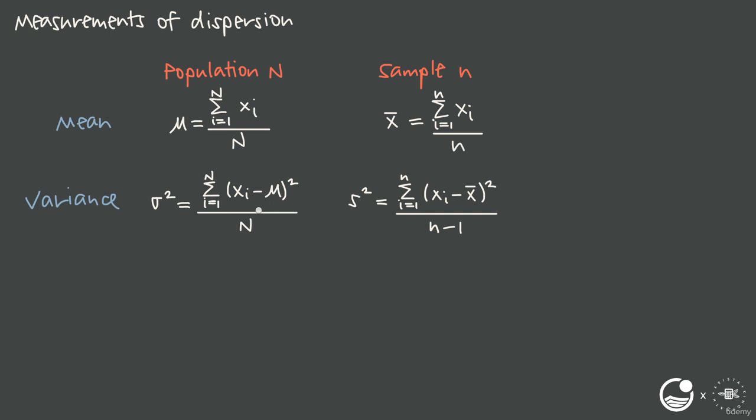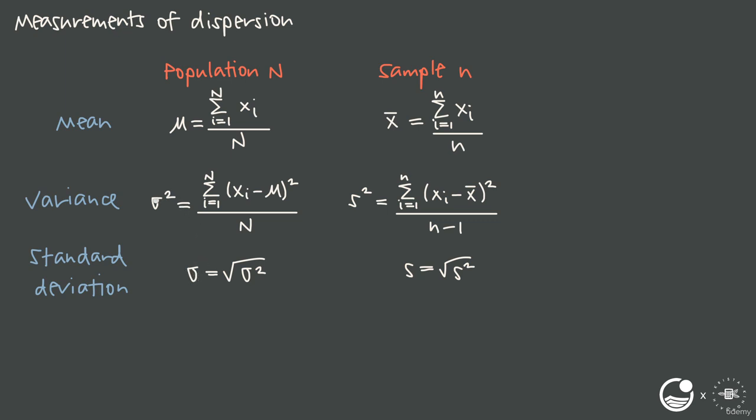And then our other measure of dispersion is what's called standard deviation. And luckily, standard deviation is very, very easy to calculate once we calculate variance and once we understand what variance is, because standard deviation is just the square root of variance. So we use this Greek letter sigma to indicate standard deviation.